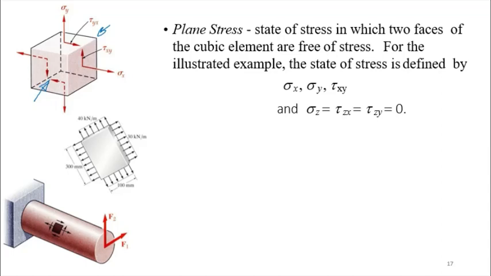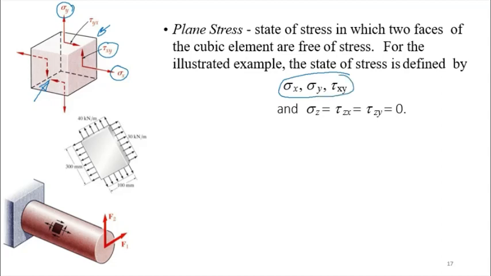So we are left with three components, sigma x, sigma y, and tau xy, which is complementary to tau yx or vice versa.